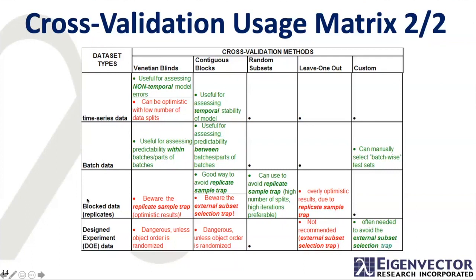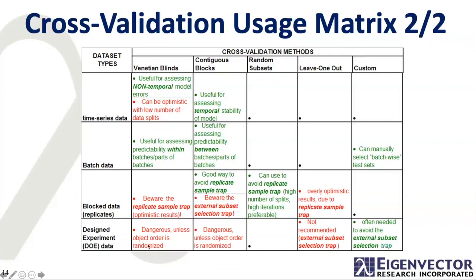If you have block data with replicates, beware the replicate sample trap. You'll get over-optimistic results. Contiguous blocks is a good way to avoid the replicate sample trap. Especially leave one out is going to be overly optimistic due to the replicate sample trap.